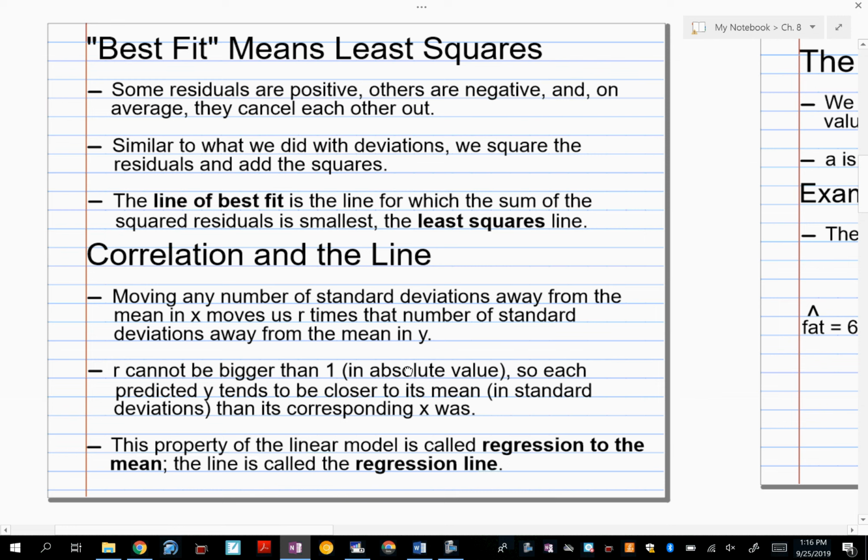But if you think about what the computer is actually doing, it's calculating a ton of different lines and trying to find the one that has the least amount when they square all those differences. Which is why it's called the least squares line. That's pretty technical and not something you're ever going to be tested on in this class. But if you're interested in how they calculate it, that's how they do it. Any questions on that?